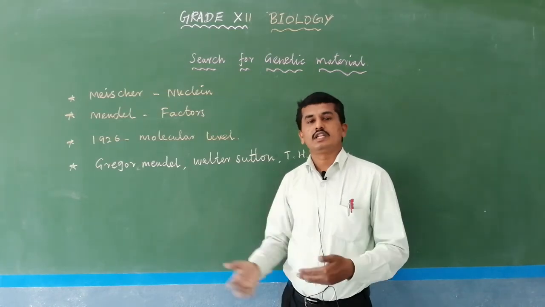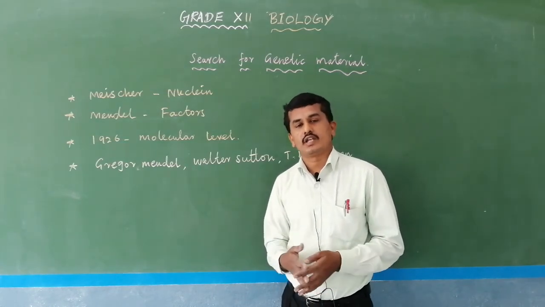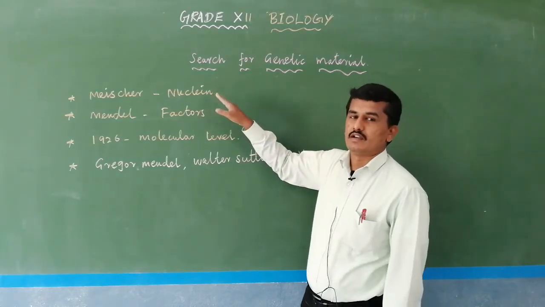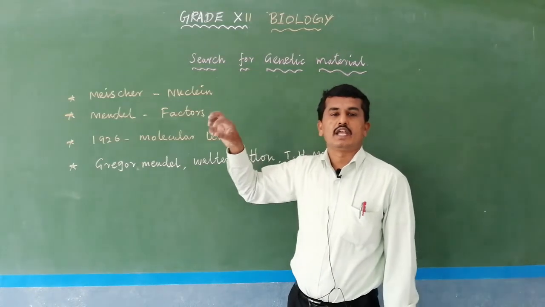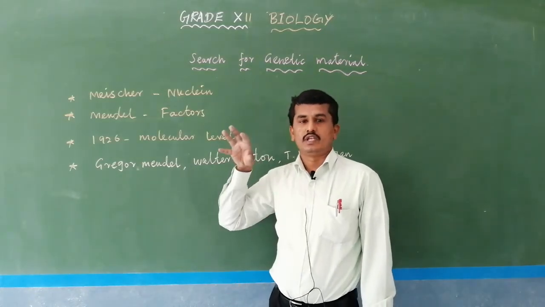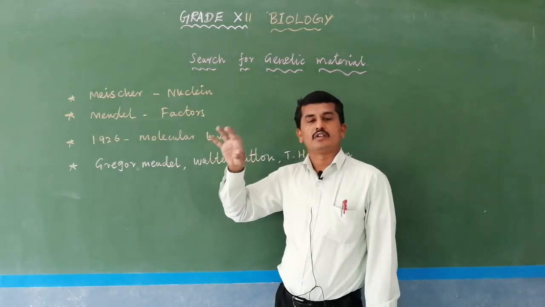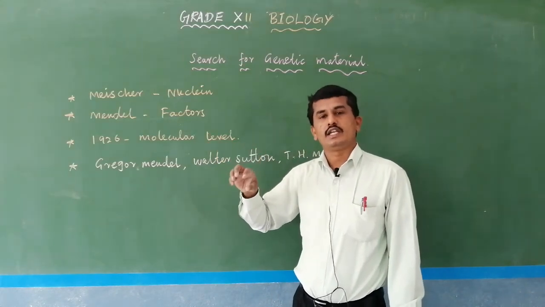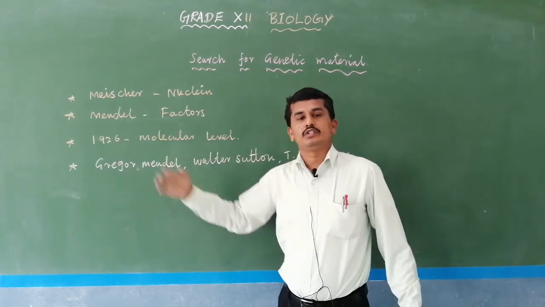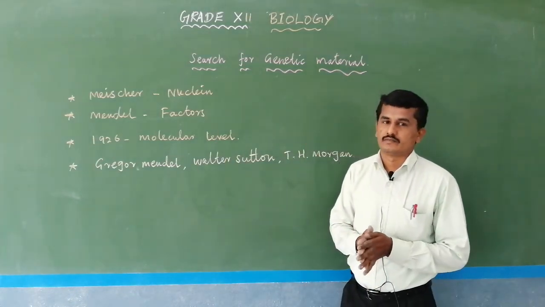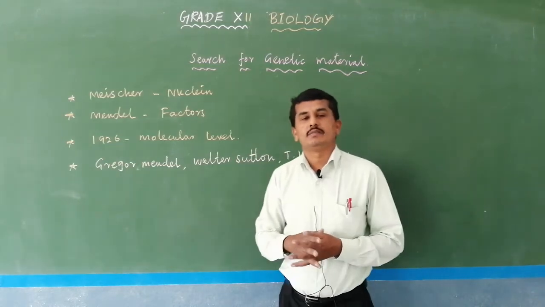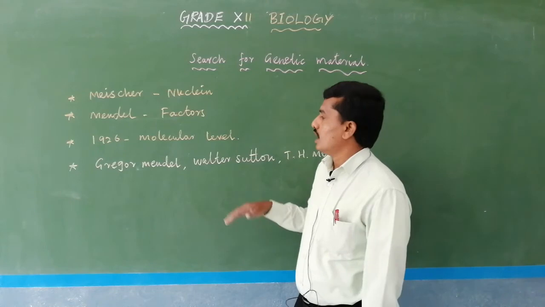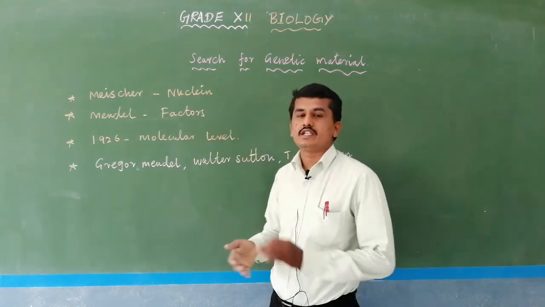Later it became known as the gene. Afterwards, as I have already studied, Friedrich Miescher named an acidic substance inside the nucleus nuclein. This acidic substance carries the information from one generation to the next.